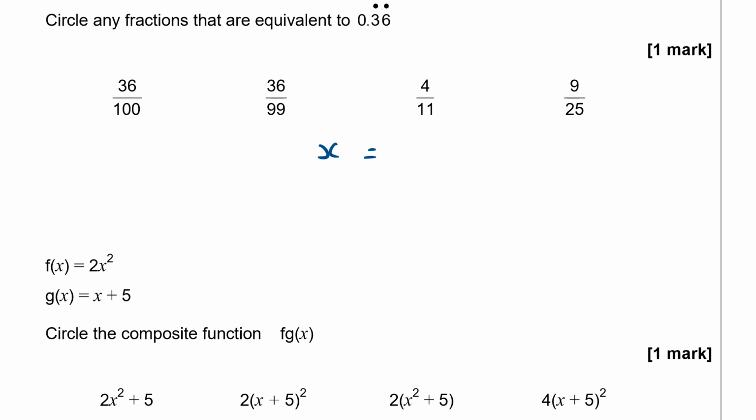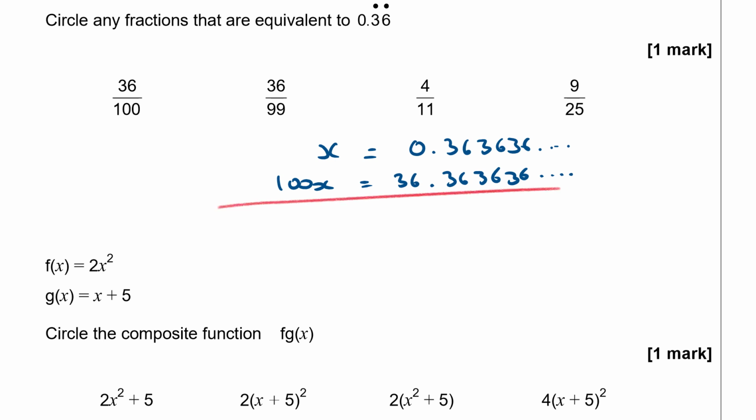Let x equal 0.36 recurring, which is 0.36, 36, 36, etc. Then 100x is going to be 36.36, 36, 36, etc. So subtracting the first from the second, I'm going to get 99x equals 36. So x equals 36/99. So that one is certainly equivalent.